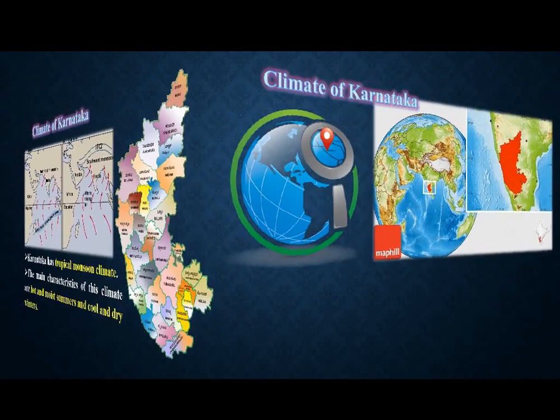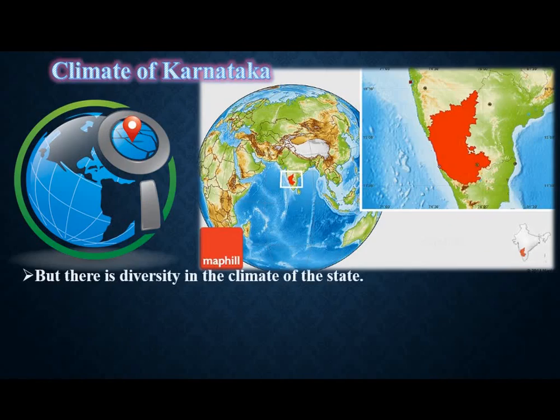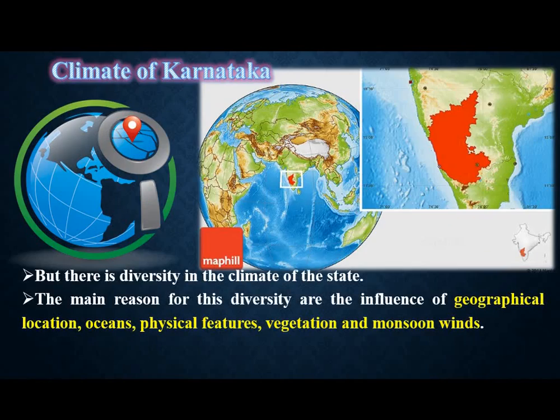So if I want to tell you clearly about the features of the climate of Karnataka, there is a diversity in the climate of the state because it is not the same most of the time, because of the kind of surroundings.